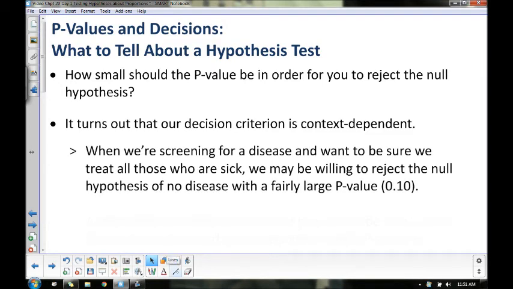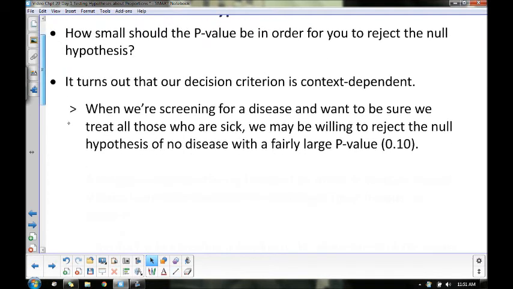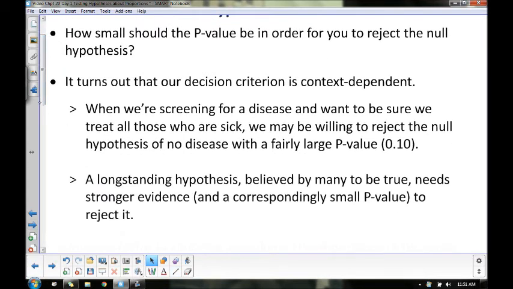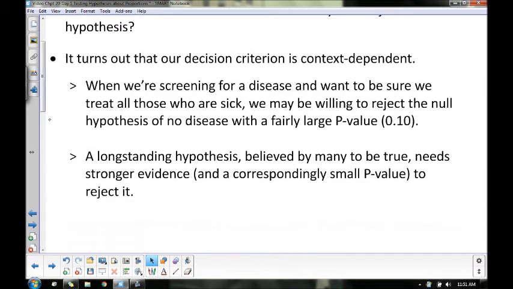So when we're screening for a really bad disease, and you want to be sure that we get to treat those people who are sick, we really might be able to reject the null if I have a fairly big p-value, say 0.10 or 10%.